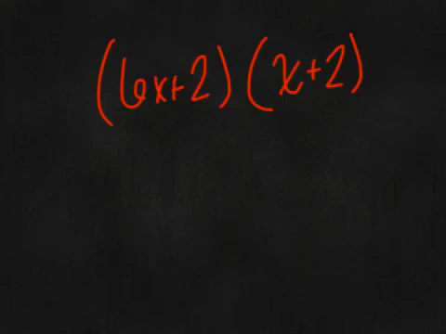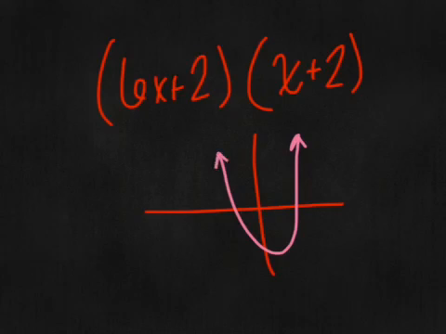Now we're going to look at the importance of this and why factoring helps us solve quadratic equations. First of all, if we think about the graph of a quadratic equation, which is a parabola, what we call the solutions are the places where it crosses the x-axis. Anywhere it crosses the x-axis, that's what we call a solution. Now, if we think about all x-intercepts, what they all have in common is that the y-coordinate is 0.